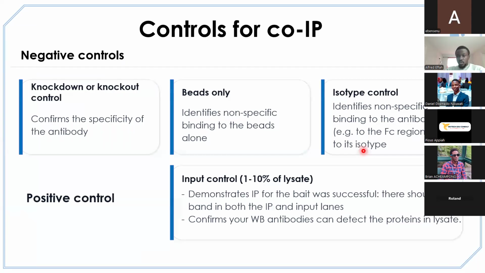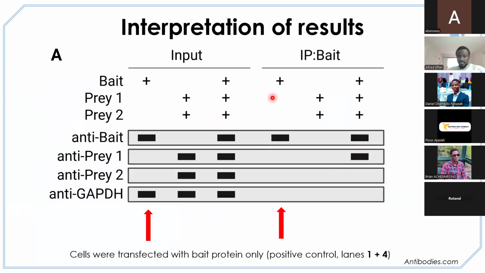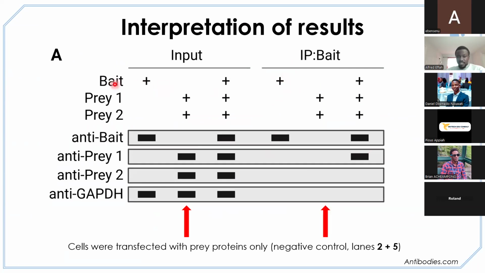And so if the bait that we are using to catch 1 and then 2 is not present, when we stain, we are not supposed to see anything because protein A is not available to interact with them.